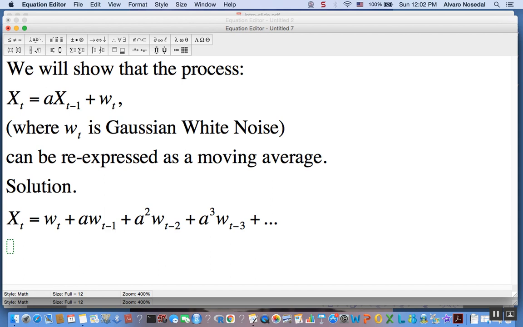Now, let's apply the backward shift operator to the right-hand side of this equation. And let me, since I am using xt for the original AR1 process we are interested in, let me refer to this guy as xt star, okay?